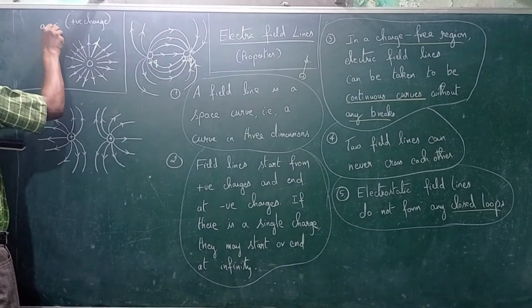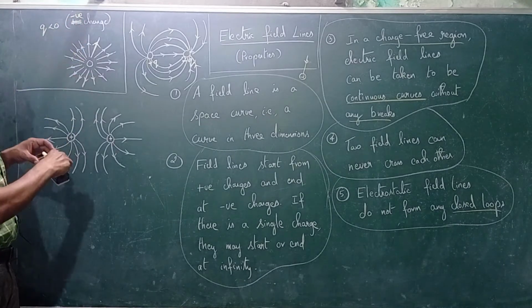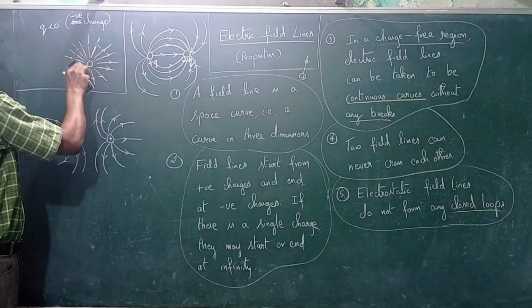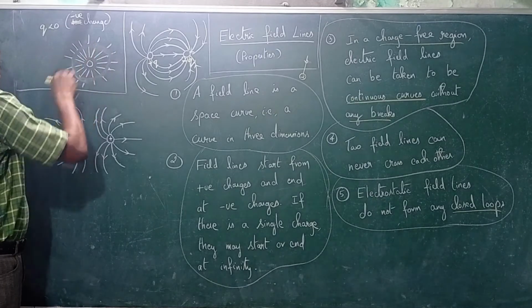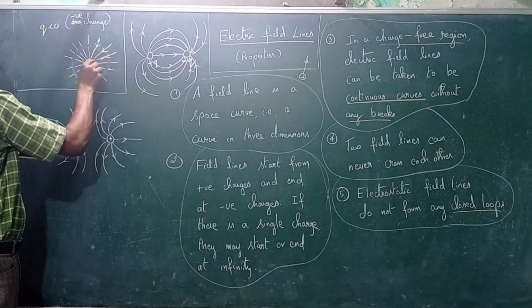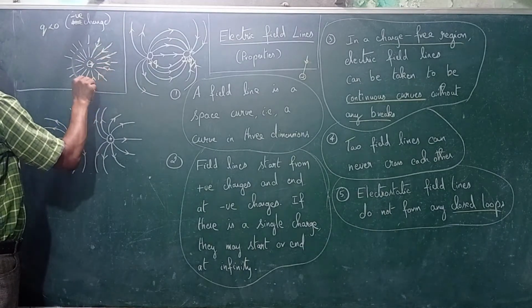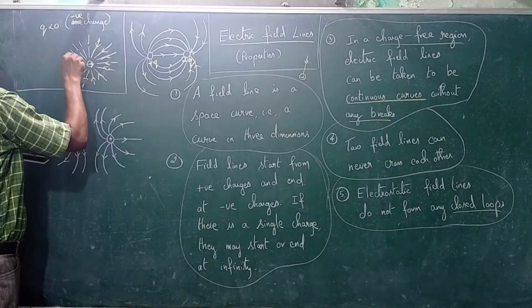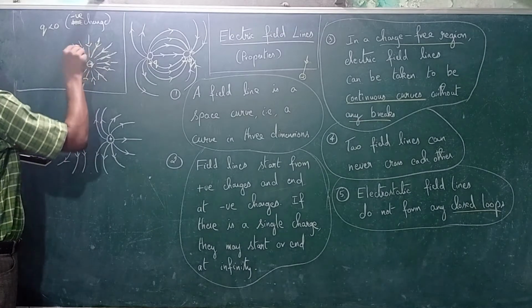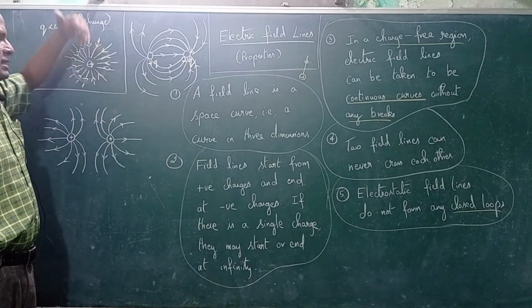Now the direction gets reversed. Direction gets reversed means it will point inward, if this is minus Q. So if it is a positive charge, outward, and for a negative charge, it's inward.